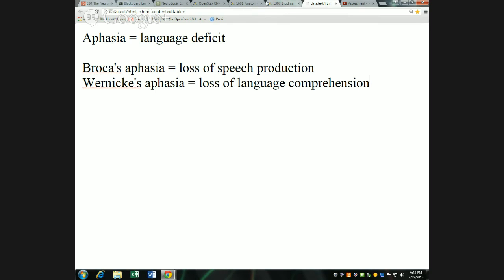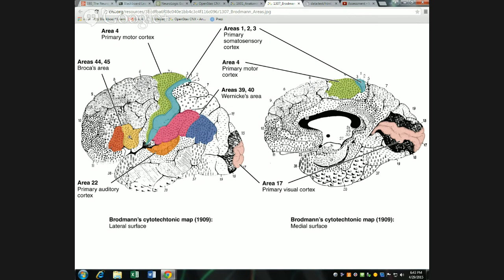Now, with those explanations, when we go back to the map of the different areas, we can understand what the functions have to do with those areas, how those functions are localized to those particular regions. Broca's area is in the frontal lobe, and the frontal lobe is about motor function.